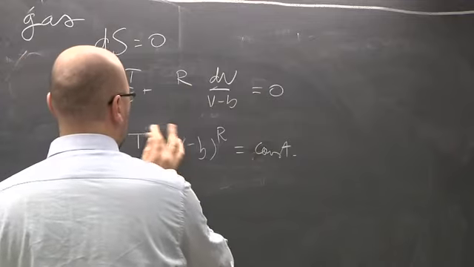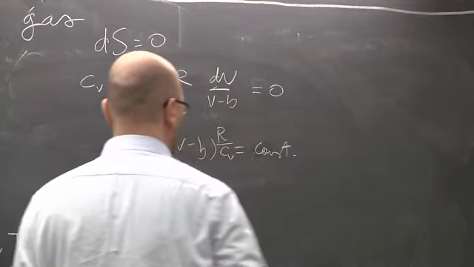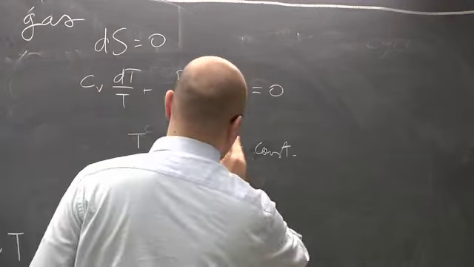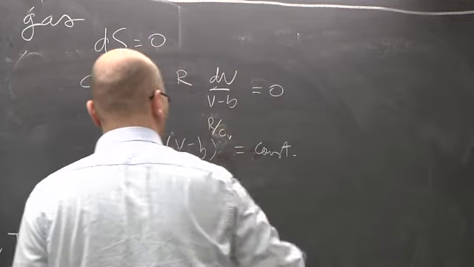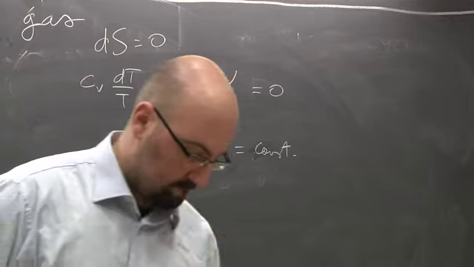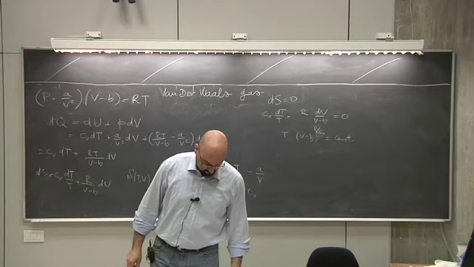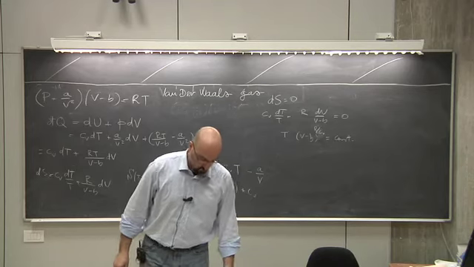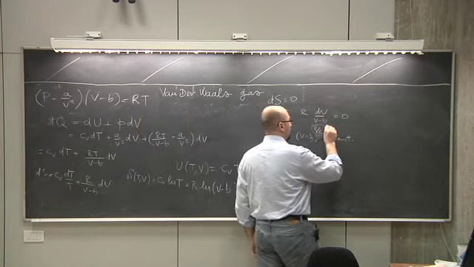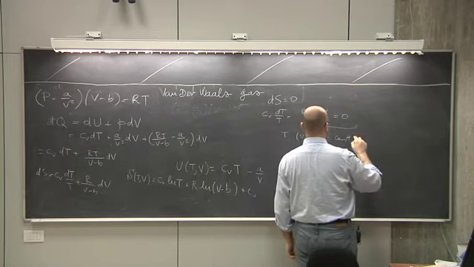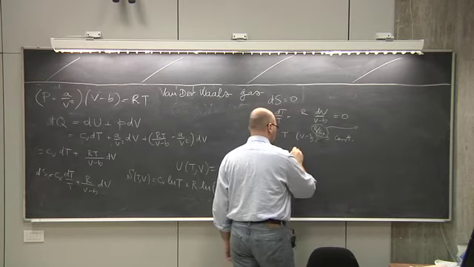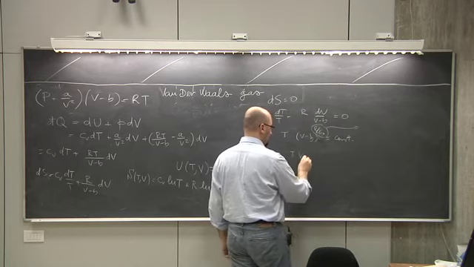Or if you want, by taking the Cv roots of this thing, this is an exponent. So for an ideal gas, we had T to the V to the 2/3, right?